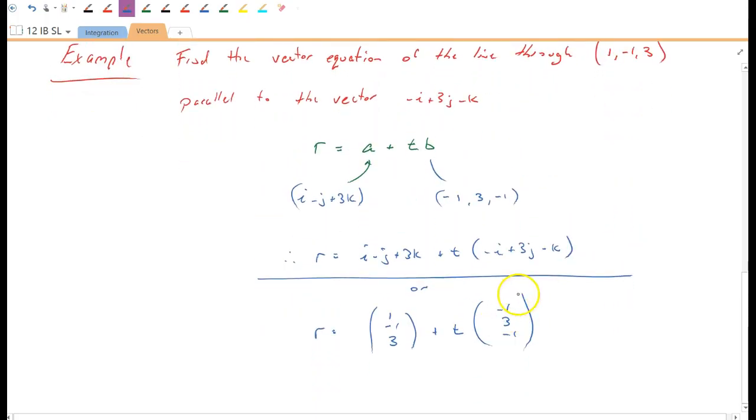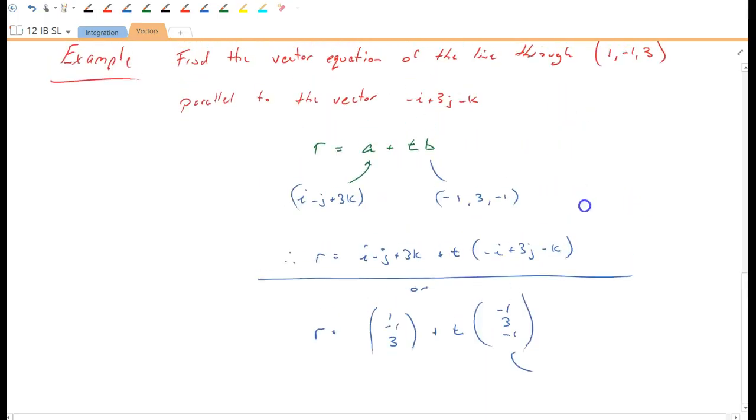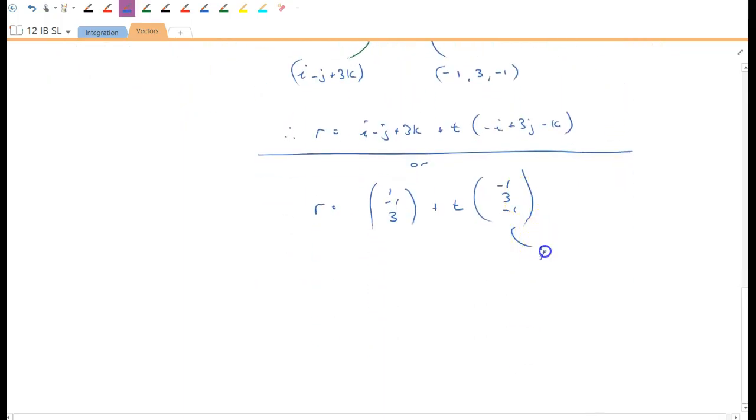And my direction vector in here is just the same direction as the vector minus i plus 3j minus k, so minus 1, 3, minus 1. That's my direction vector, and this is my position vector. Okay, so there's the equation of that line.